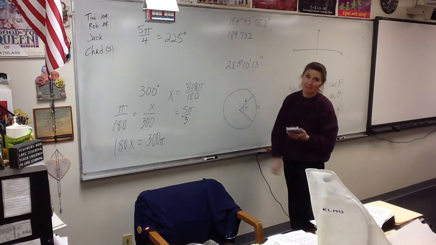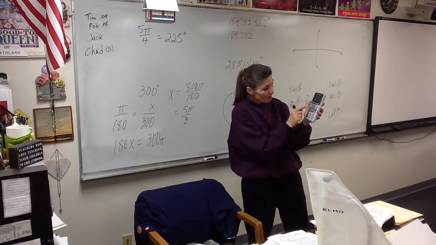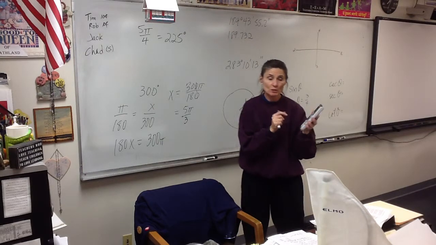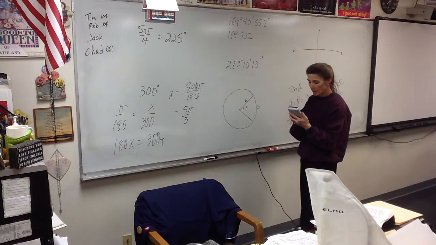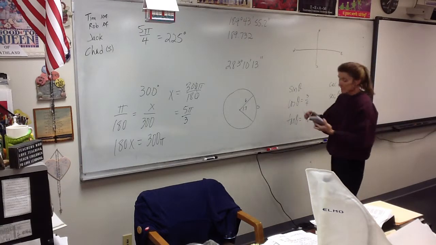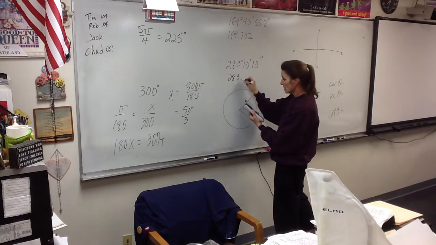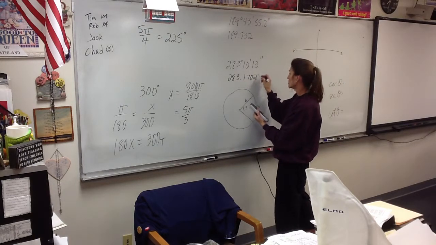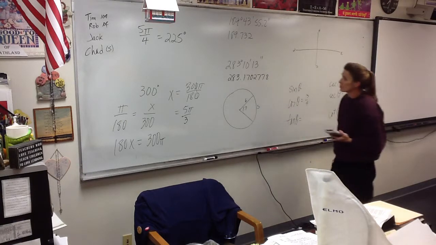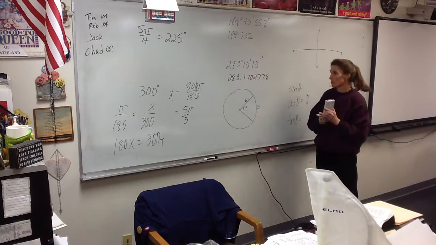Now the seconds. Remember, the seconds are in the alpha plus menu. So we'll have to hit alpha plus. That will pull my seconds up, and press enter. And that decimal is 283.1702778. No rounding instructions were given, so we'll just say all of that. But on the test, you'll be rounding off.